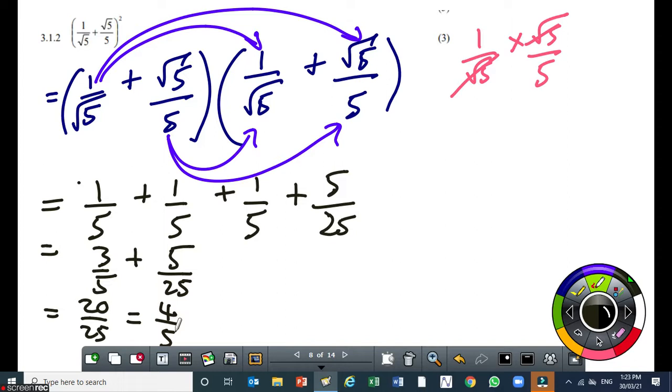Then I found the LCD. What's the LCD of 5 and 25? It's 25. So you multiply the 3 by 5 and the 5 by 5, you get 15 over 25 plus 5 over 25, which is 20 over 25, equal to 4 over 5.